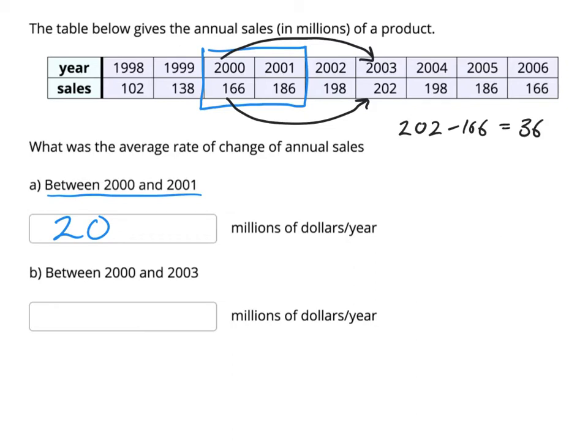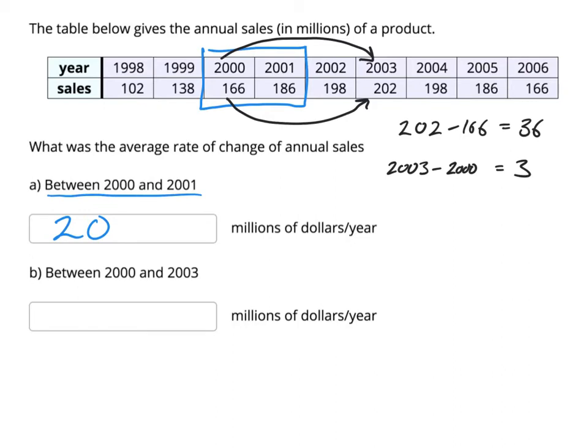And so it means that it went up 36 between 2000 and 2003, but that is not my answer here, because it took multiple years to get there. How many years? Well, if I do 2003 minus 2000, that gives me 3. So it went up by 36 in 3 years.